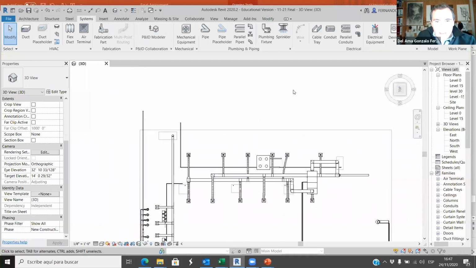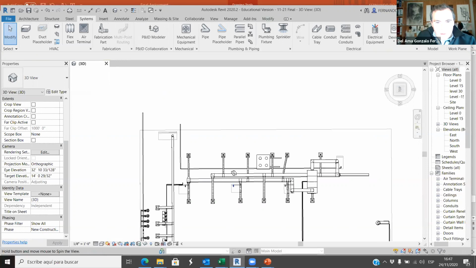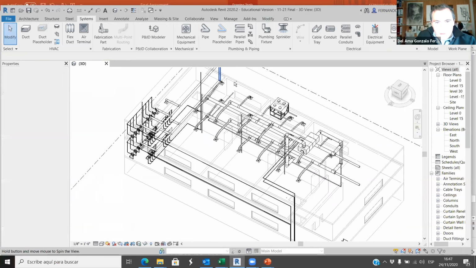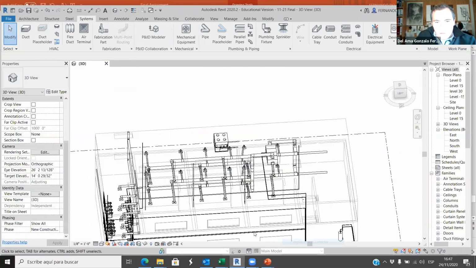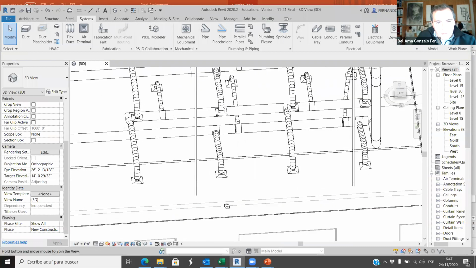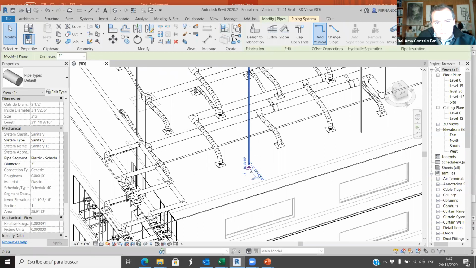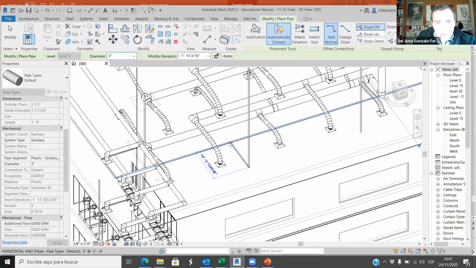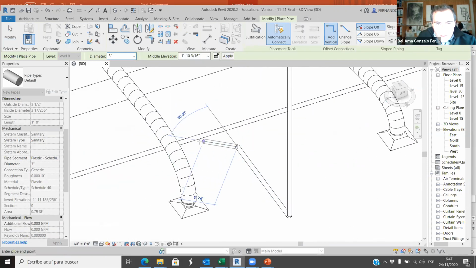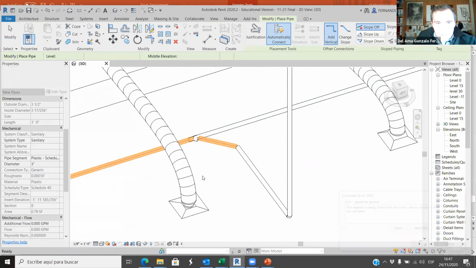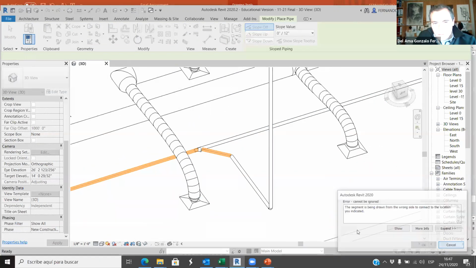Okay, and now from this point, we can draw a pipe like this, and then we have to connect it to this one, but with a 45-degree angle. There we go.